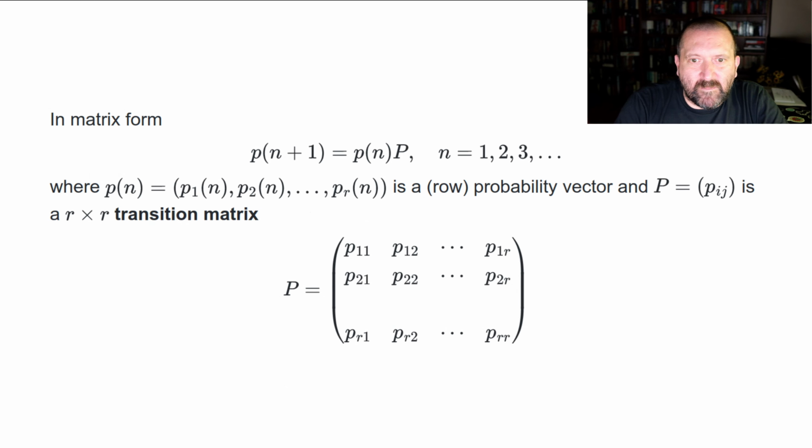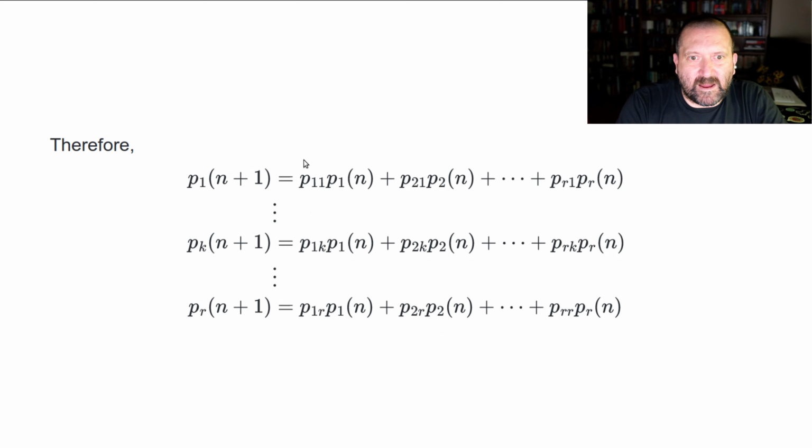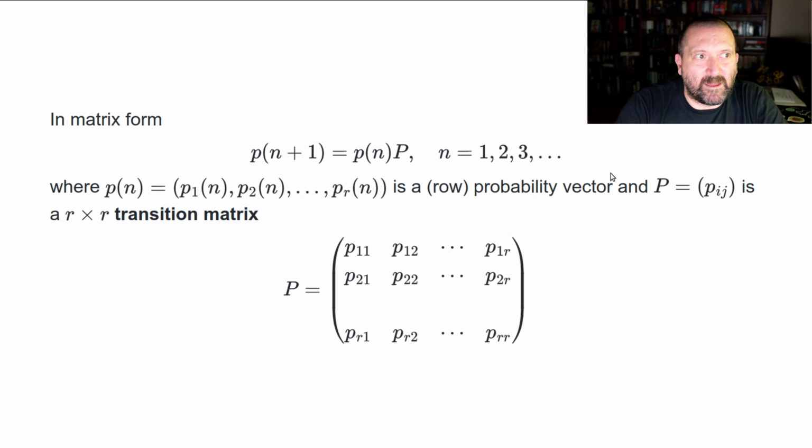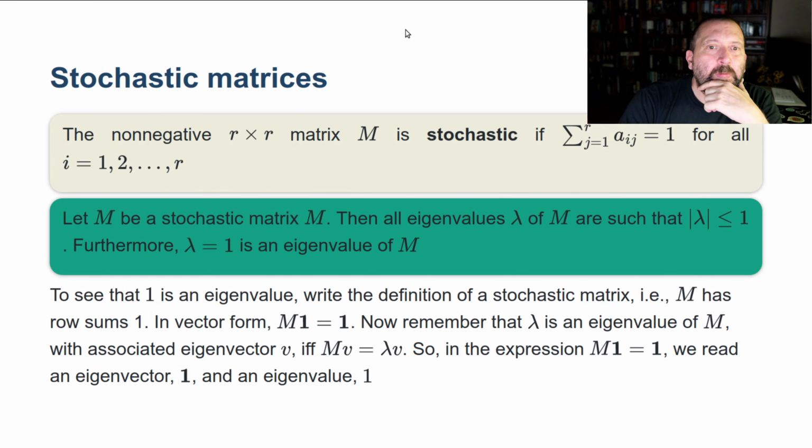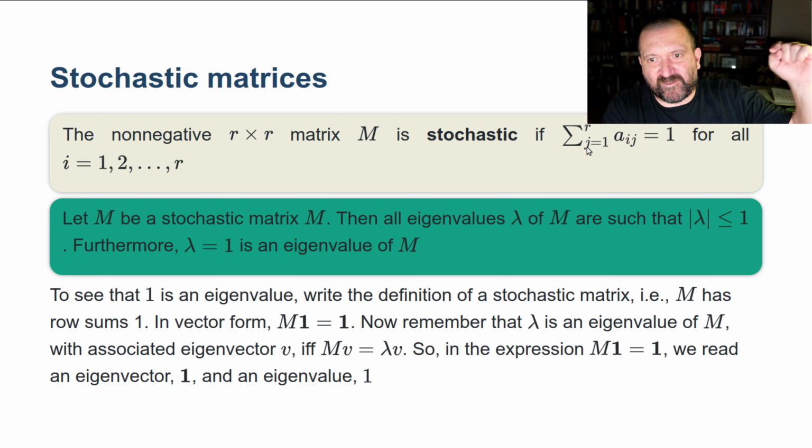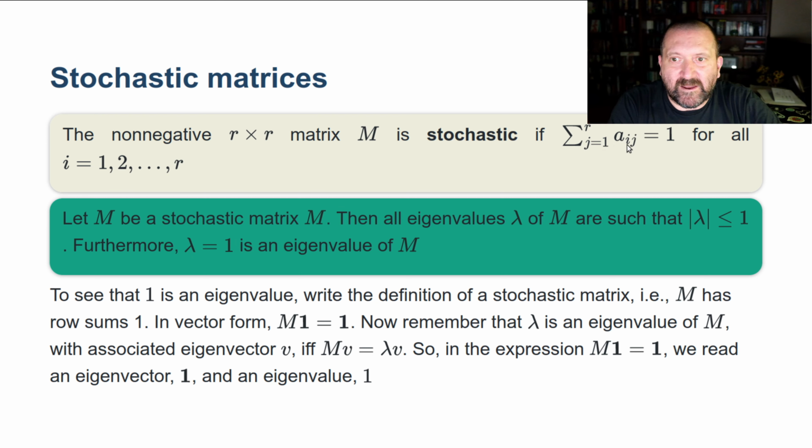If you remember, every time I have a probability, I have to have that this sum is equal to 1. So we say that a matrix is stochastic if the rows, so this is the sum of the entries on row i, so these are the row sums, are all equal to 1 for all i.